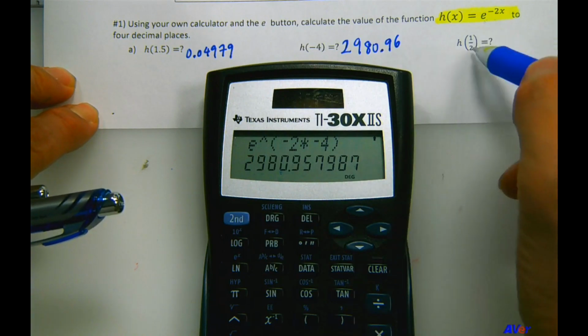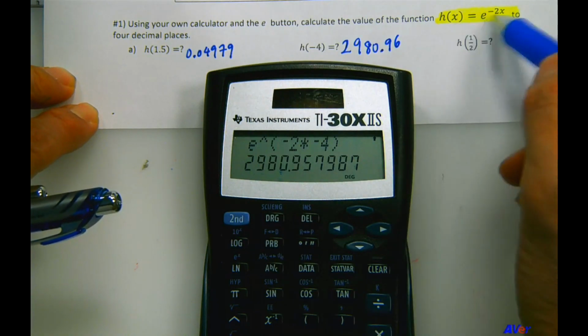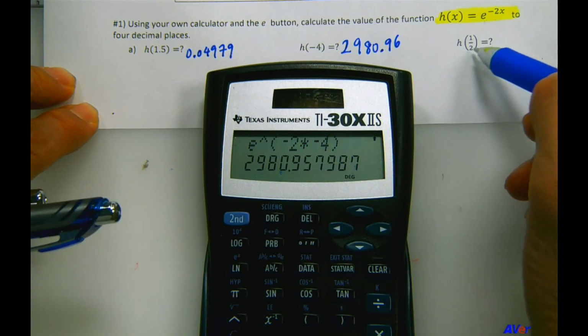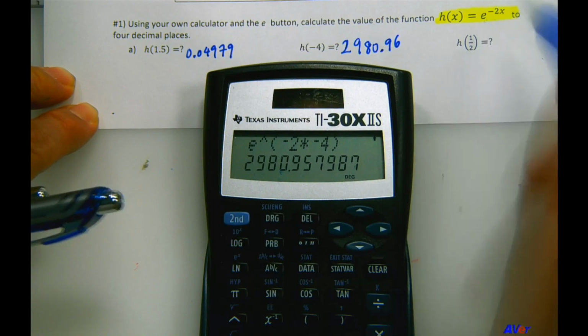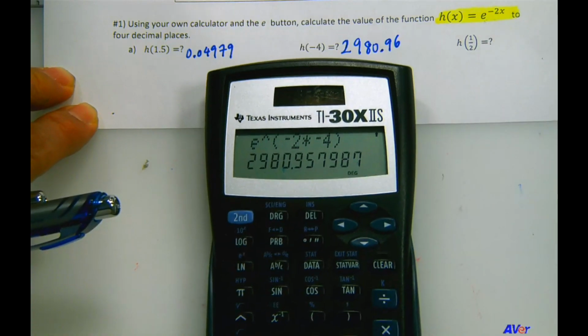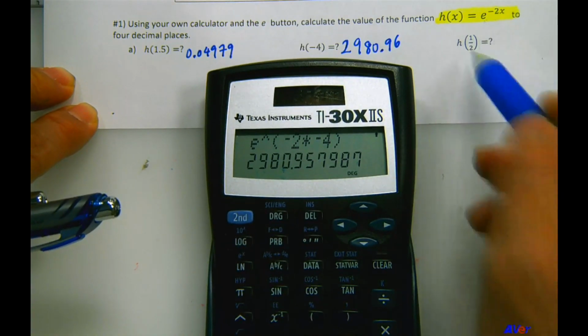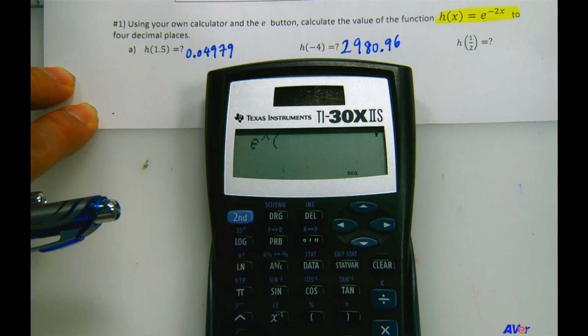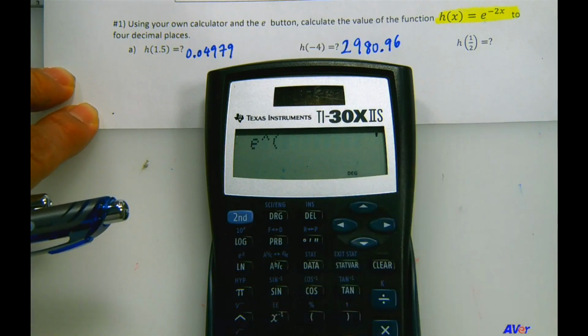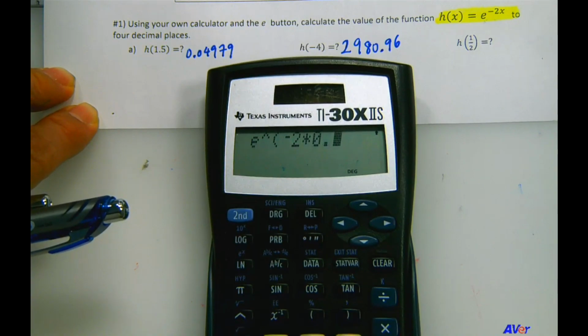Now that one, that's the same function at 0.5. When I'm going to enter this, I'm going to enter it as minus 2 times 0.5 for that one. So again, I'm going to activate the E button, and then inside I'm going to put minus 2 times 0.5.